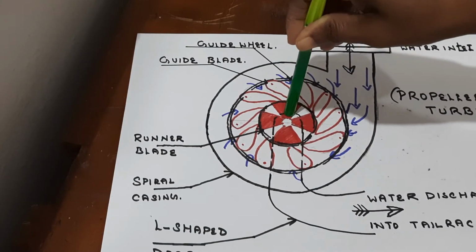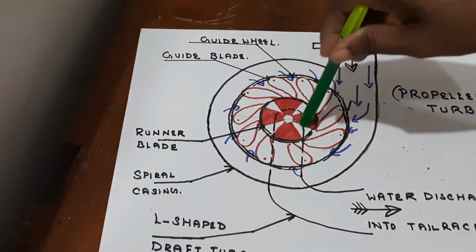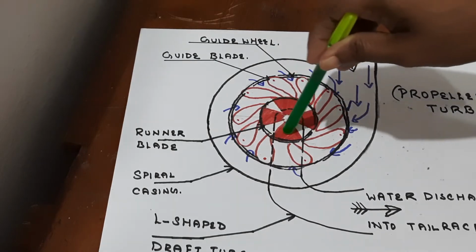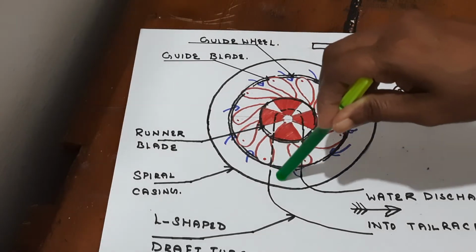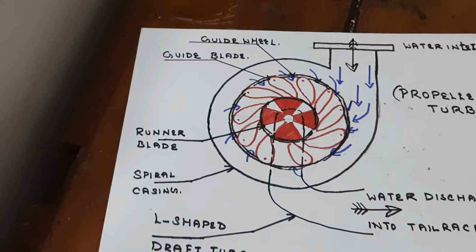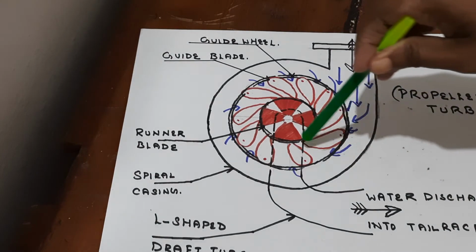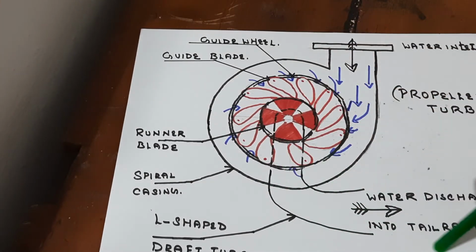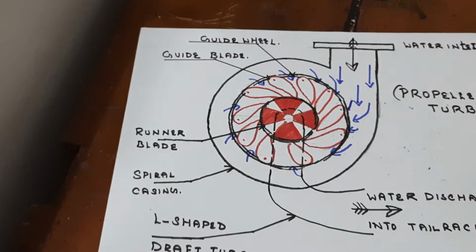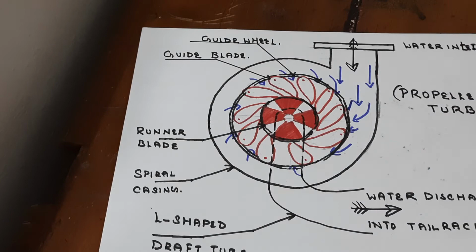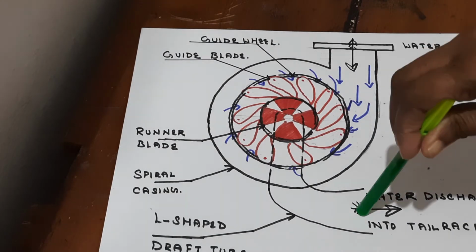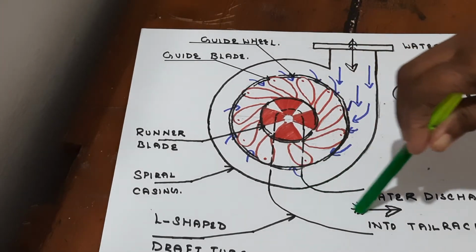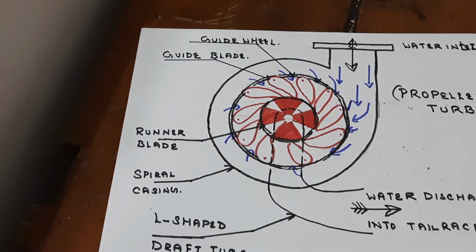So after rotation of the runner blade, the water flows axially and is made to flow through the draft tube. So this is the working principle. You can see the shape of the draft tube. The area goes on increasing at its end, because as the area goes on increasing, pressure goes on increasing and the velocity of flow goes on decreasing. This water from the draft tube is made to flow again back to the reservoir.